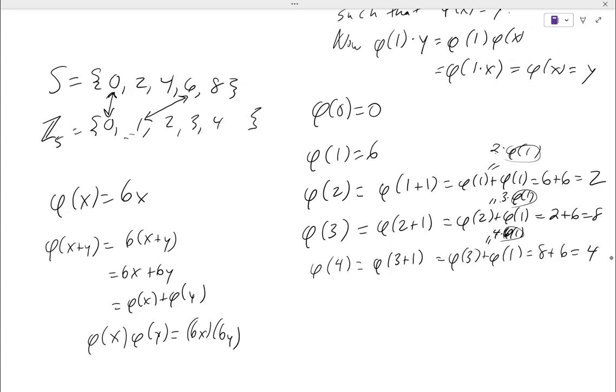So everything's going to be mod 10, right? So you do your 6 times 6, what are you going to end up with? 6, yeah. So this will be 6xy, because 36 is 6 mod 10, right? And so this will be phi of xy. So this is what I meant by, if we can find a rule for the function, it's a lot easier to determine if it's operation preserving or not.